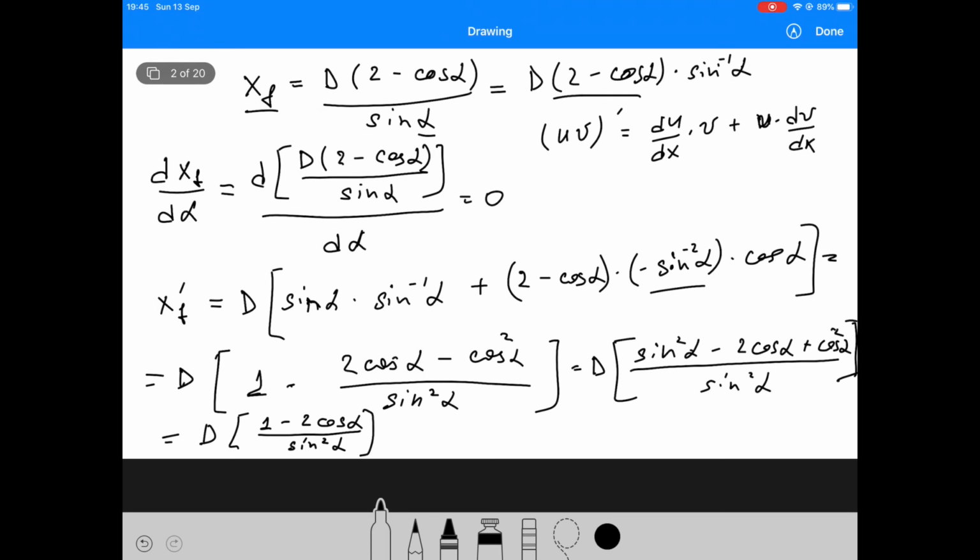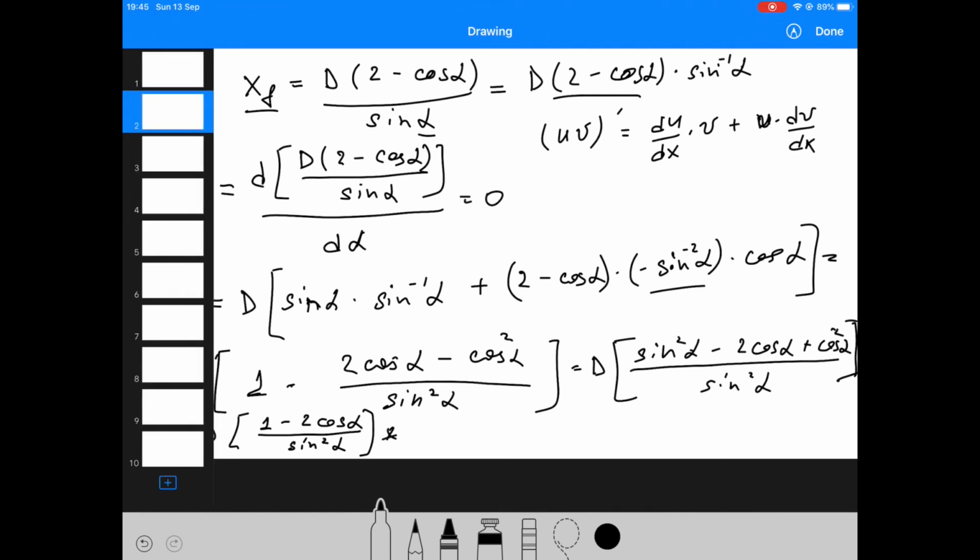So keep in mind this final equation and let's rewrite it on the next slide so we have more space.